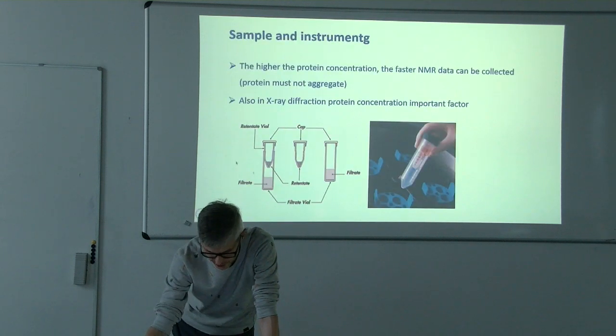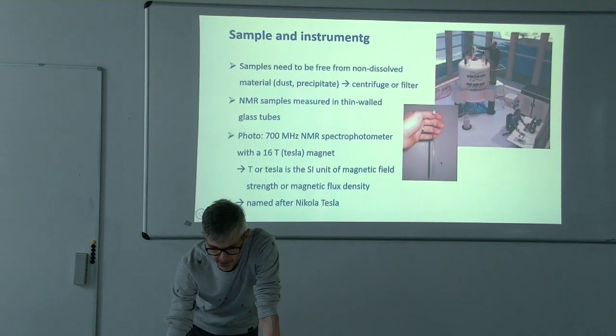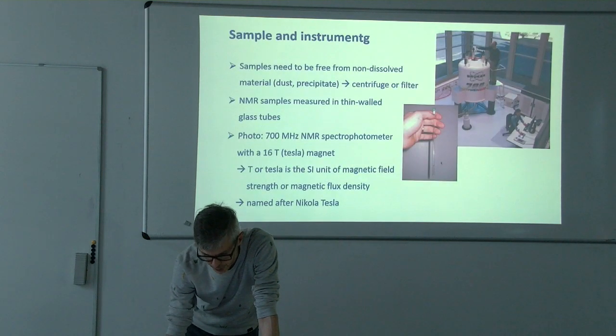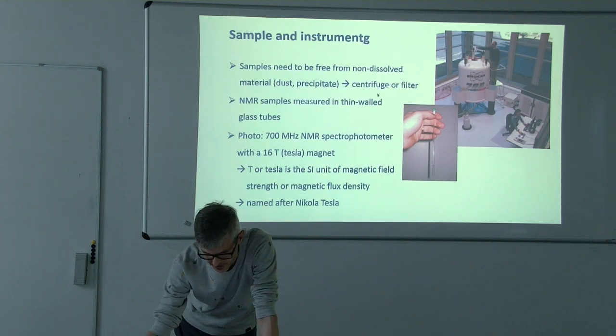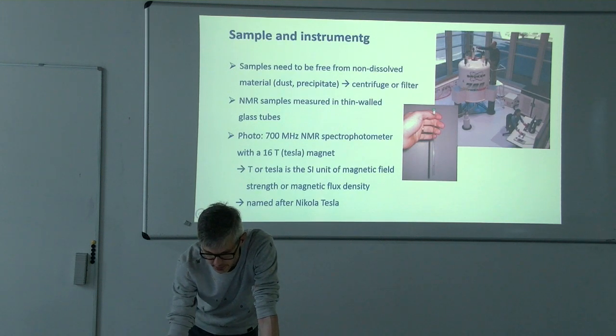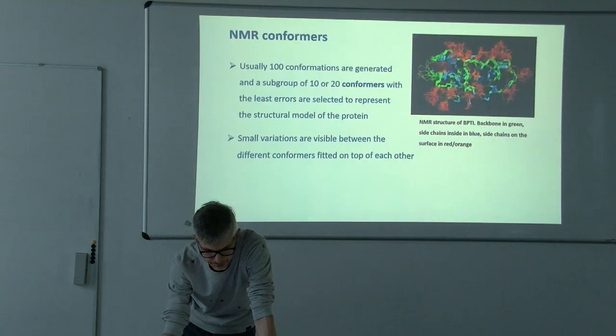Then you have to concentrate it in these tubes, and then you have pure, hopefully, and enough protein in a high concentration, and then this is actually the tube. It goes into the NMR spectrometer, and then you can measure it.